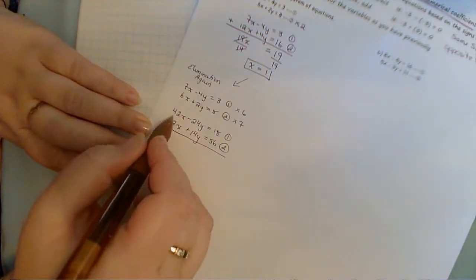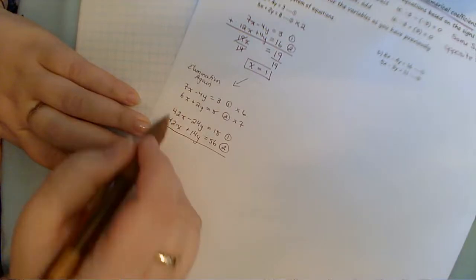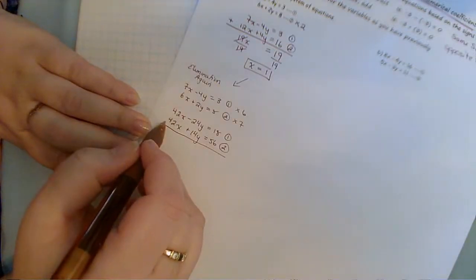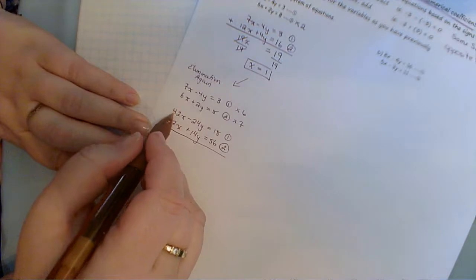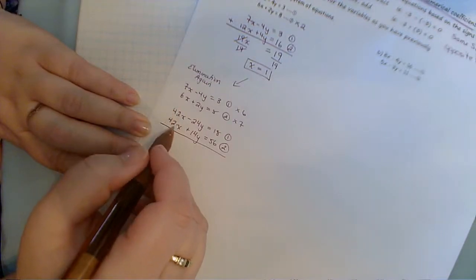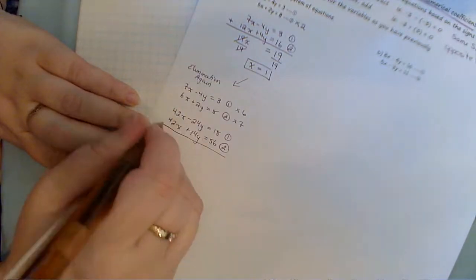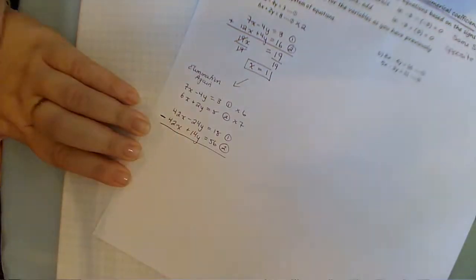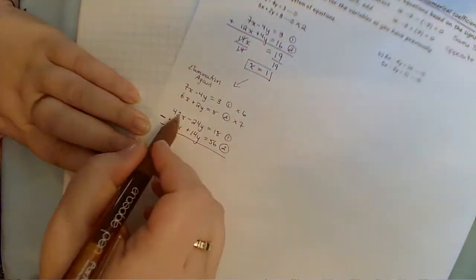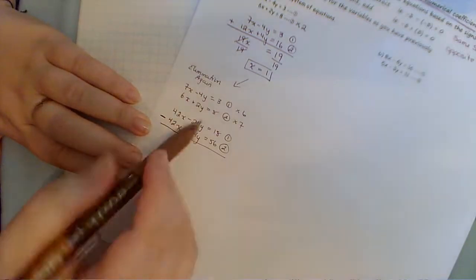So what we need to do is figure out if we're adding or subtracting. We have positive and positive. Those are the same sign. So in order to get 42 and 42 to give you 0, we have to subtract. So put a big fat negative sign in front. 42 subtract 42 is 0.